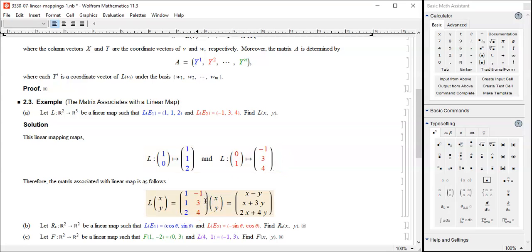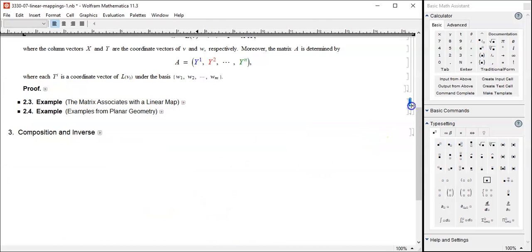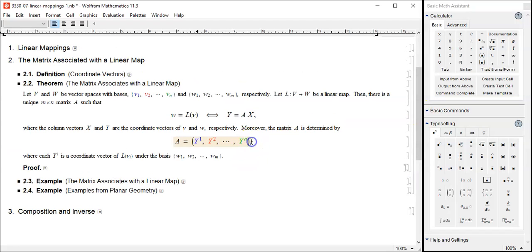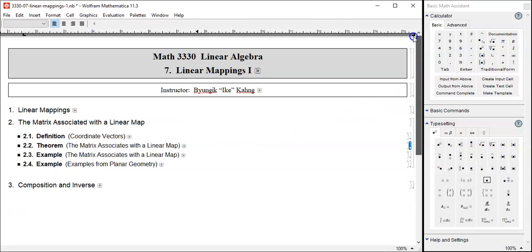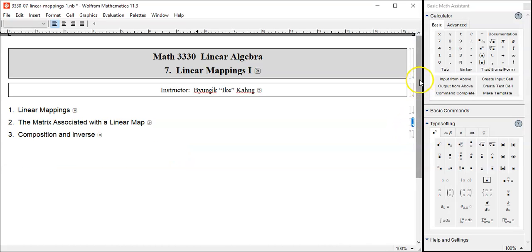And arrange them in columns. And that's the matrix associated to this linear map. In general, we have this kind of expression. Column, column, column, all the way to column. And we went through the proof as well. It was tricky and a bit tedious, but please remember the end result, everybody.